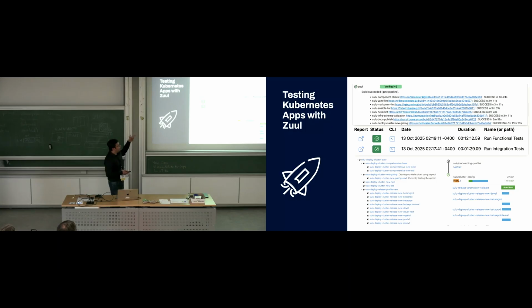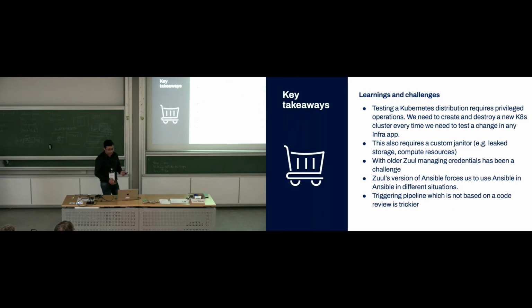We also then run functional and integration tests to ensure those particular versions of the components are working well together. And then this is just an example I wanted to show of how we use inheritance to test these multiple, slightly different profiles in our deployment.